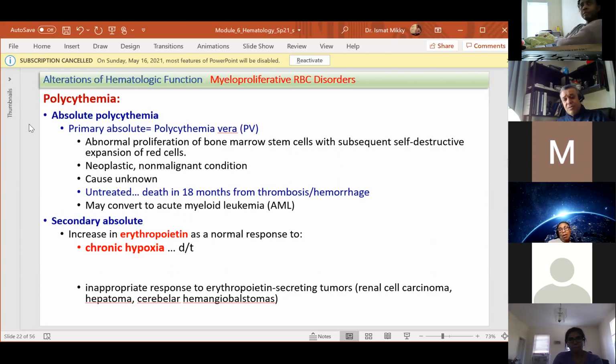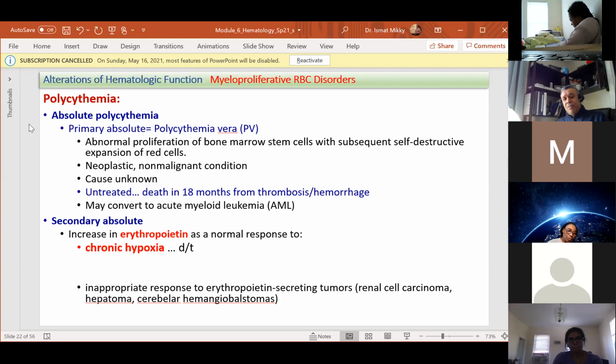The secondary absolute type of polycythemia, for which the example I provided with COPD would be of that type, has an increased erythropoietin and chronic hypoxia.